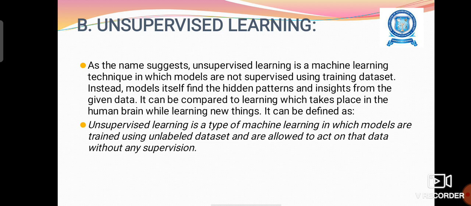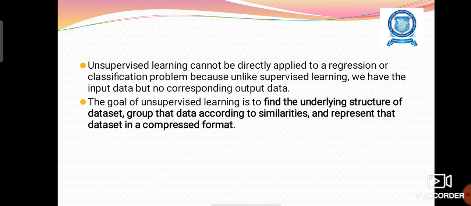Unsupervised learning is the second category of machine learning. It is the type of machine learning in which models are trained using an unlabeled data set. So supervised learning means the data set will be labeled, while unsupervised learning will be performed with a data set that may be unlabeled.